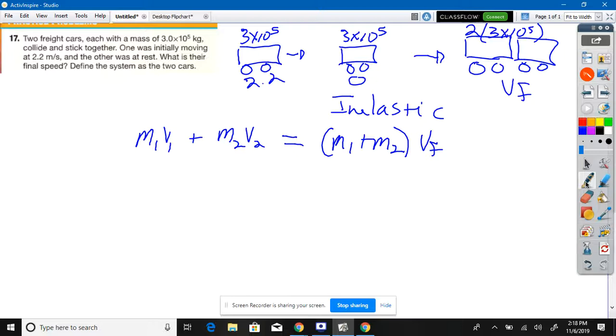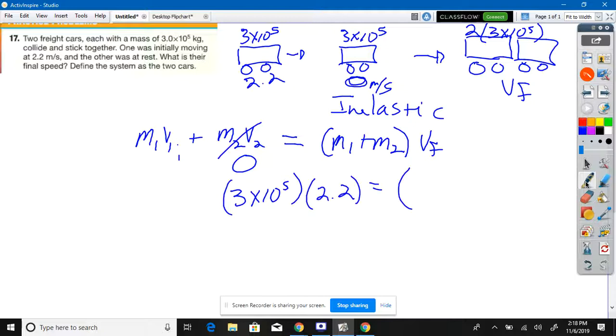If this one is moving at 0 meters per second, can we cross this out, put 0? Yes, we can. So we just need the initial velocity of this one. So 3 times 10 to the fifth times 2.2 equals, what's 2 times 3 times 10 to the fifth? What mass is that if you combine them?